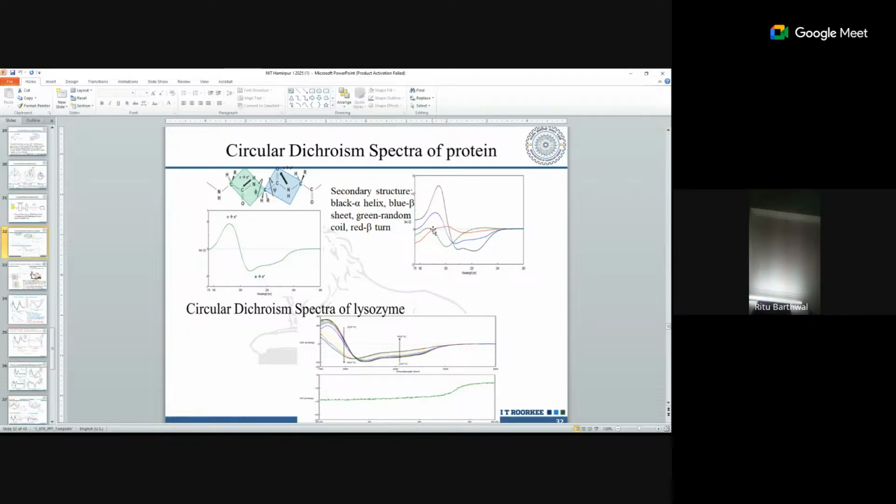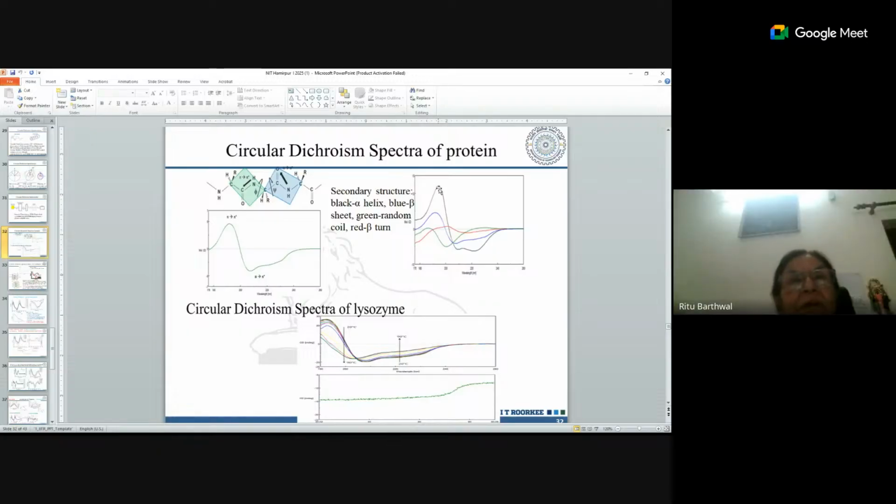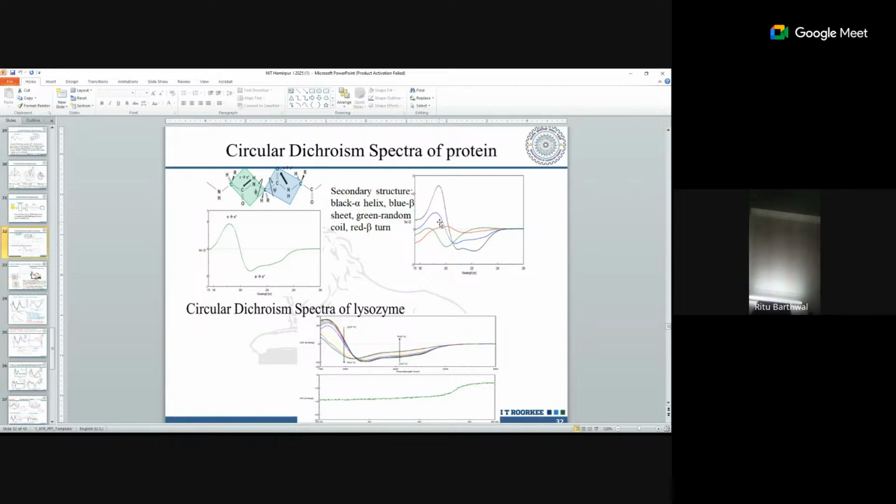If you take OD, it will give you some value for this protein. Whether you have alpha helix or beta sheet, it will show you so much protein. Let's say I get an OD value of 0.7. So I have this much protein with me. It will not tell you whether your protein is alpha helix or so. The same sample you put in the CD instrument. If you get this curve, it means your protein is primarily alpha helix.